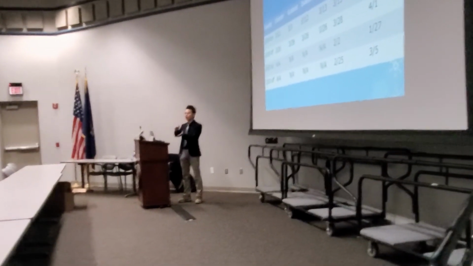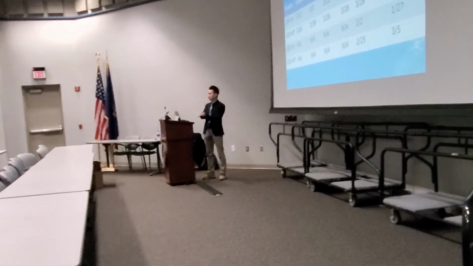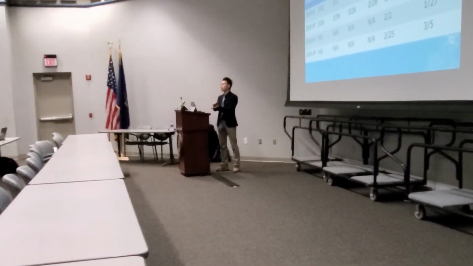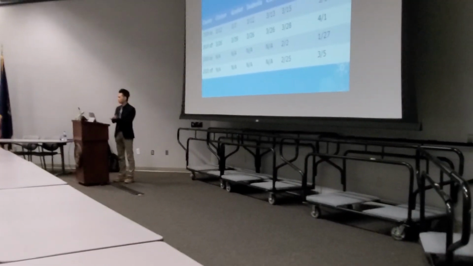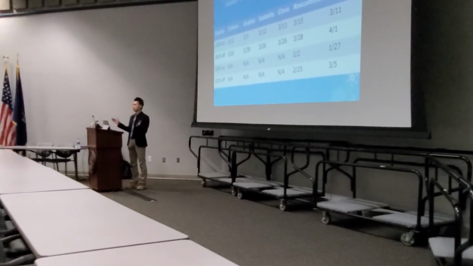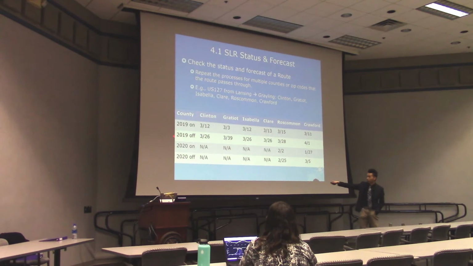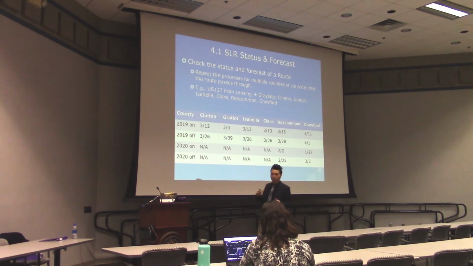Anyway, thanks for adding those great comments and feedback. The one thing I want to bring up here is that you guys are experts, and these pavements behave really well. Even for the same route, we can also take a look at the change when we move from south to north. This is US 127 from here to here.